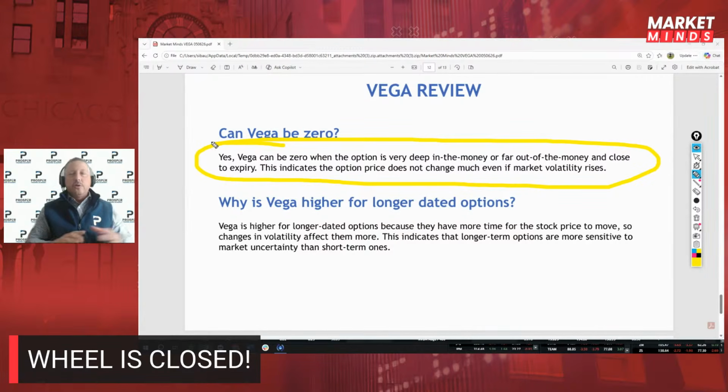Now, let me ask you a question. What is the Vega of a stock position? If you just own stock, do you have a Vega position?